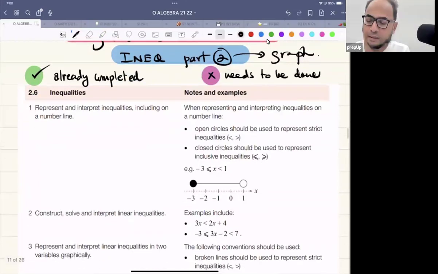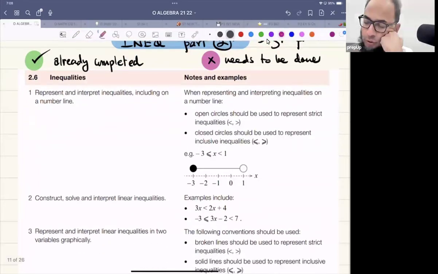So now over here, let me focus on this thing. Represent and interpret inequalities including on a number line. So when representing and interpreting inequalities on the number line, open circles should be used to represent strict inequality, only lesser, only greater. That is what they mean by strict inequality.